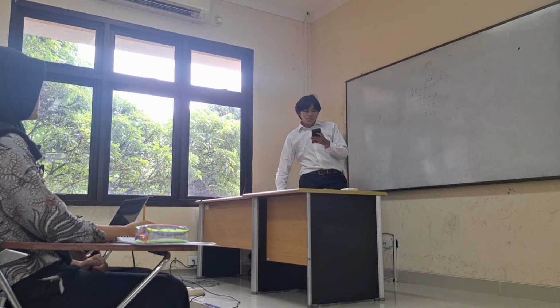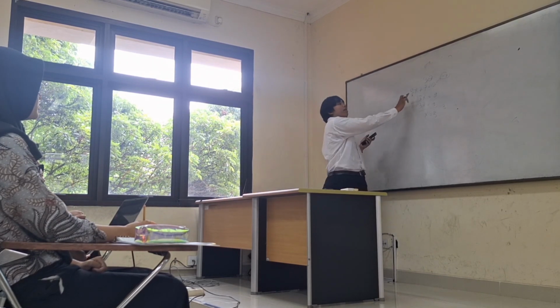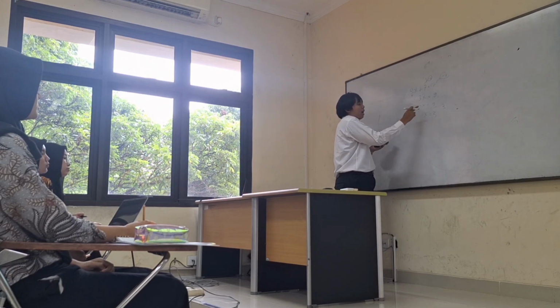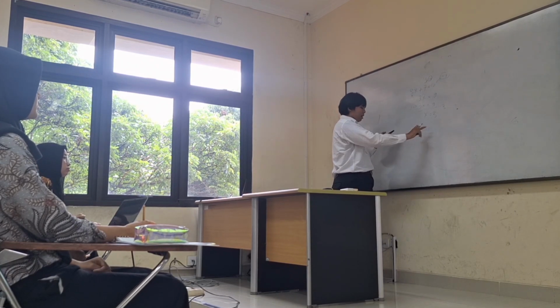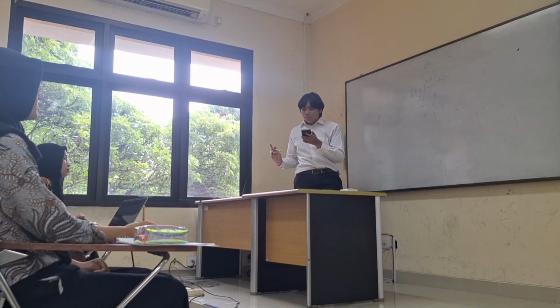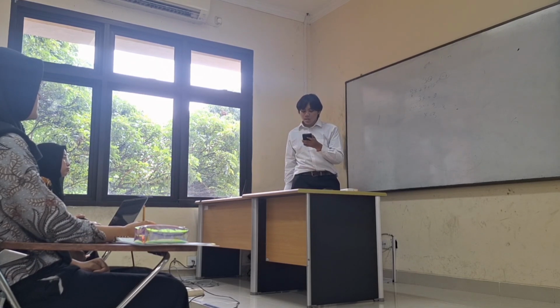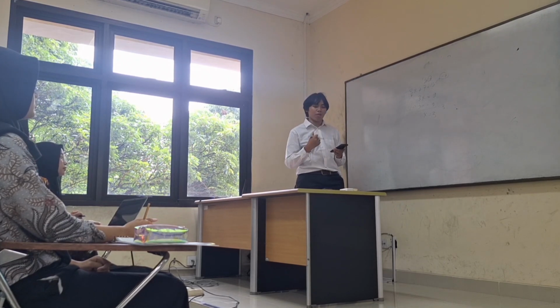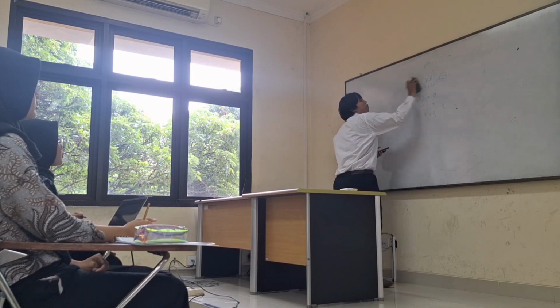Exactly, Nafa. So the solution of 3x plus 7 equals 16 is x equals 3. Now, Hilda, you've been solving linear equations for a while. Can you give us another example and explain the steps? Sure, Mr. Anda.